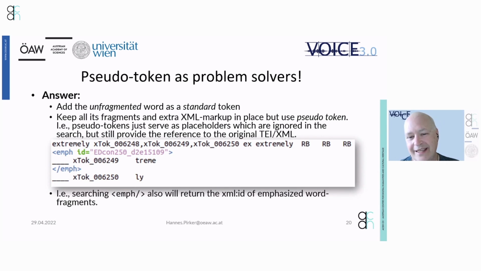And in addition, we keep the fragments like the dream and the Lee syllable in place, but transform them to pseudo-tokens. So they now are only placeholders kept in the verticals, which, due to our mechanism to ignore pseudo-tokens in multi-word searches, are ignored. They don't disturb our normal search.